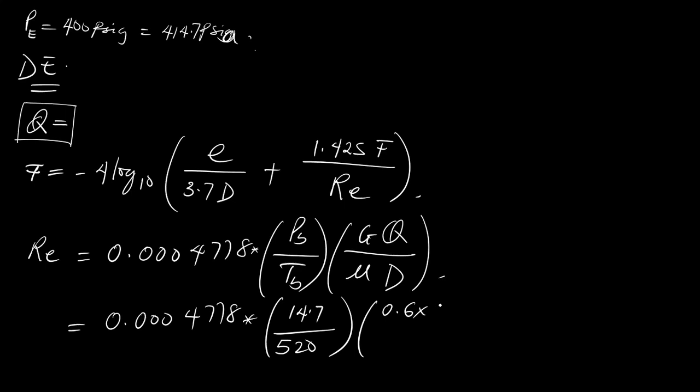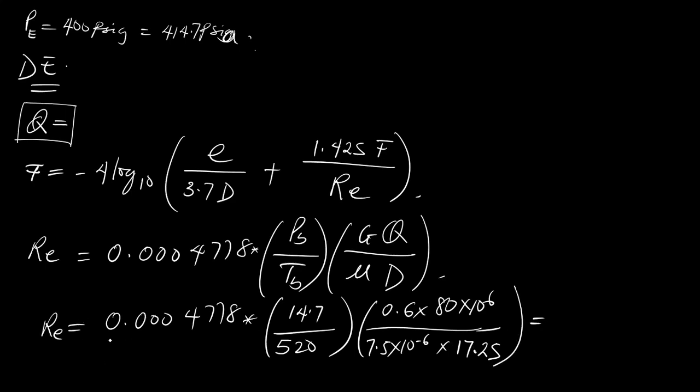The flow rate is 80 times 10 raised to the power 6, divided by the viscosity, which is 7.5 times 10 raised to the power minus 6. Then D is 17.25, the internal diameter. So what is our Reynolds number?